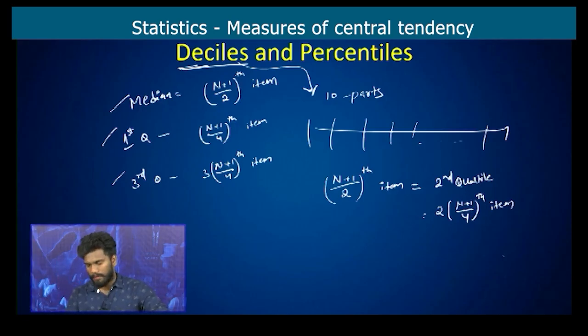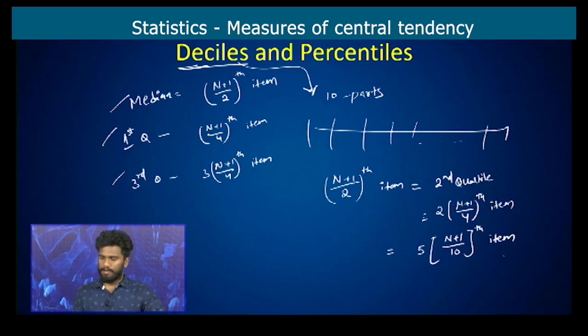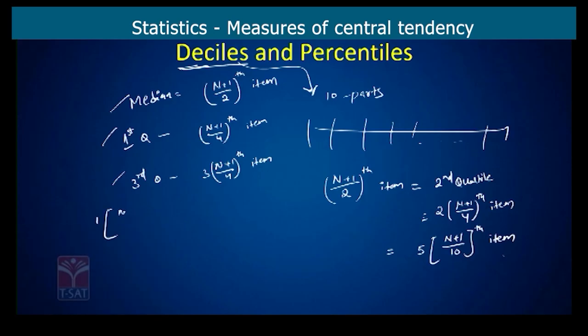This is also equal to the fifth decile, which is 5 into (n plus 1)/10th item. Each and every decile is given by this formula. The first decile is 1 into (n plus 1)/10th item, the second decile is 2 into (n plus 1)/10th item, and so on.